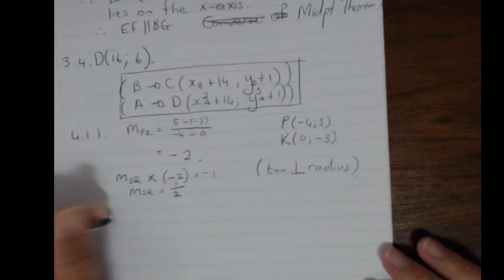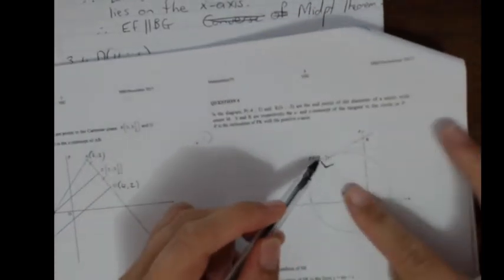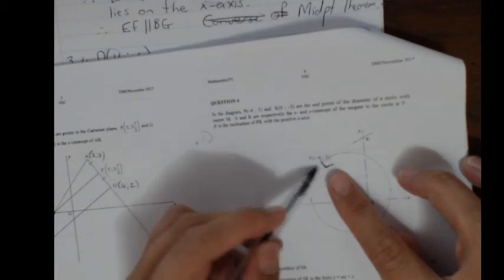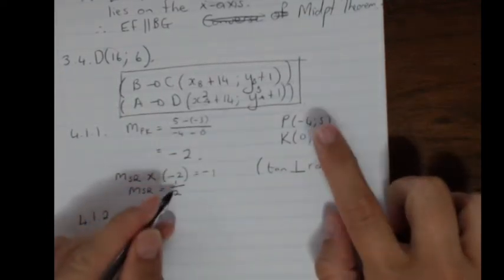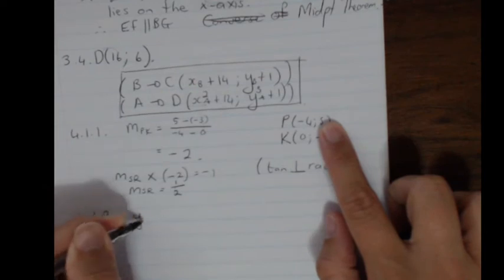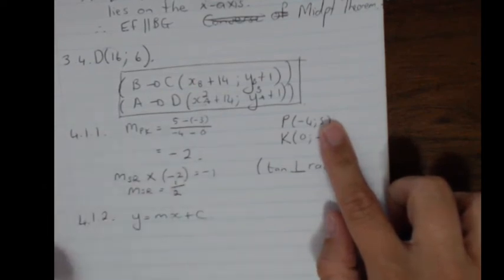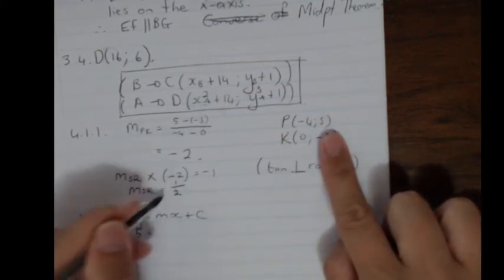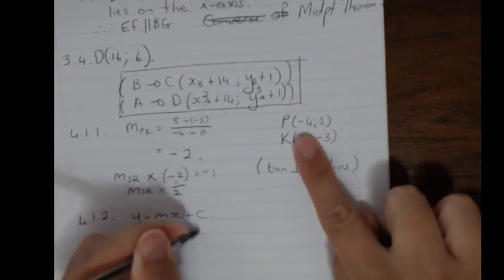The next question, the equation of SR in the form y is equal to mx plus c. So, I have the gradient. There's a point that lies on the line, P. So I have the gradient and a point that I can substitute into any one of the line equations. y = mx + c is fine. So 5 is equal to 1/2 times x, which is -4, plus c.